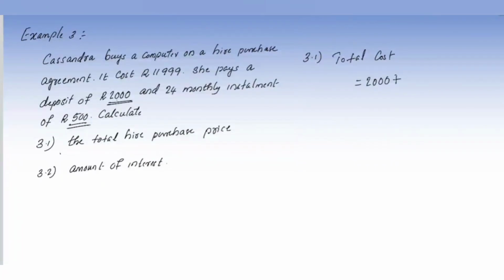That is 2,000 plus every month you are paying 500 rand. This question is very easy. 500 rand, how many times? Times 24 months. So this is how we are calculating the total cost. Here the percentage is not given, so it is very simple to do. When you do this, the answer is 14,000.